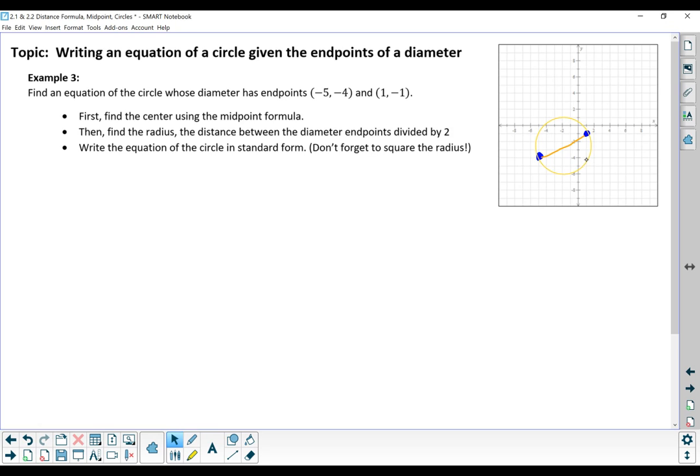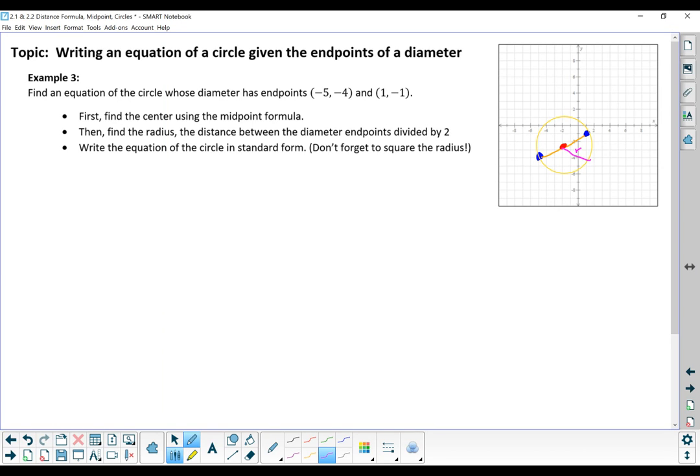What's challenging here is that we don't know the center and we don't know the radius. Those are the two things that we have to figure out: the center of this thing, and the radius.